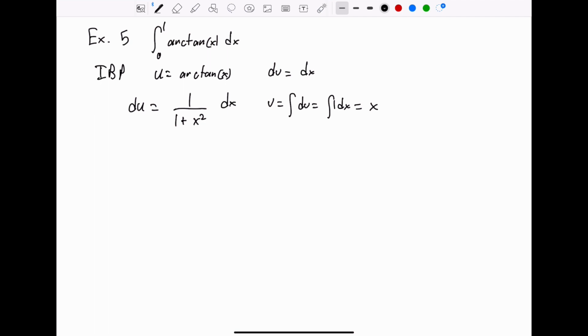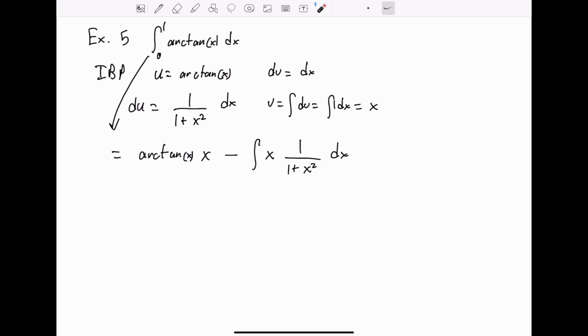Now, we use the u v minus the integral of v du formula: u v minus the integral of v times du, 1 over 1 plus x squared dx.